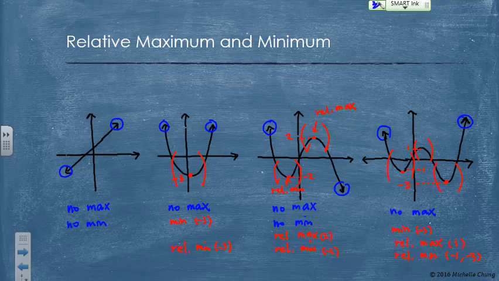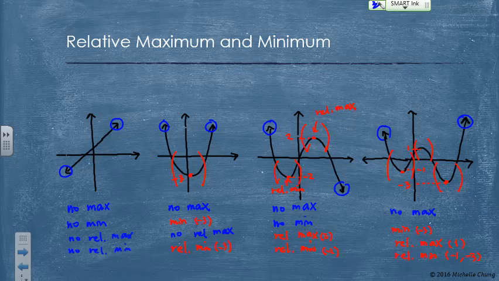There is no relative maximum in this case. Also, in the first graph, even locally, we don't have any minimum or maximum, so there is no relative maximum and no relative minimum.